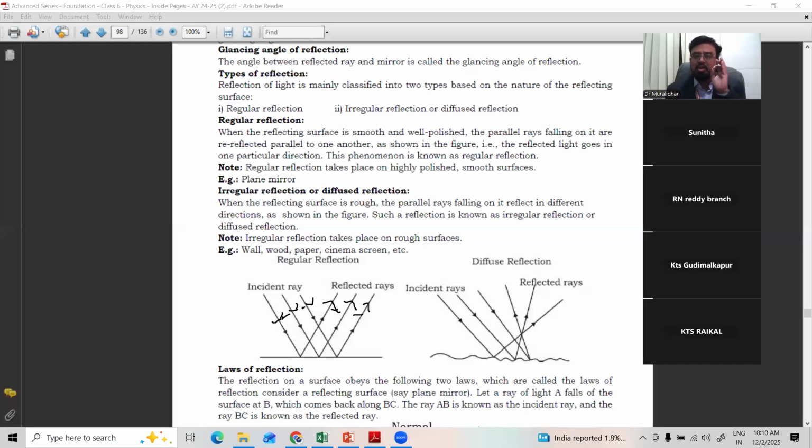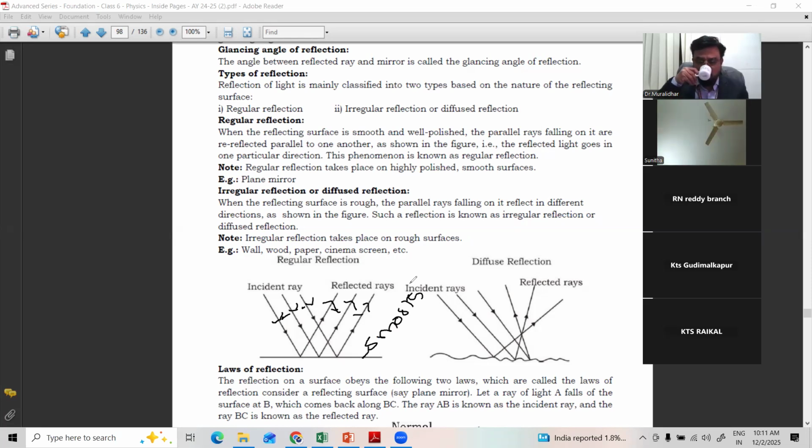As all the incident rays and reflected rays are parallel, it is called regular reflection because the surface is very smooth. On a smooth surface, soft and polished mirror, we can find regular reflection. When you see the second diagram, even though the incident rays are parallel to each other, the reflection is irregular because the surface is rough.